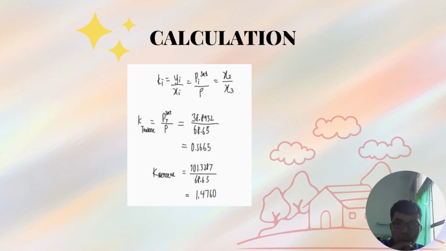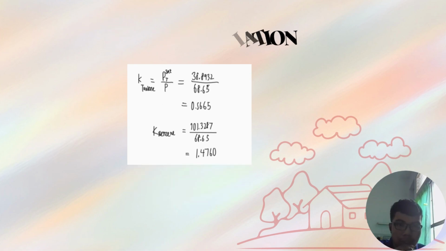Next, from Raoult's law equation, we have Ki equal yi over xi equal Psat over P. Then for K toluene, Psat over P, we can get 0.5665, and for K benzene, we can get 1.476.